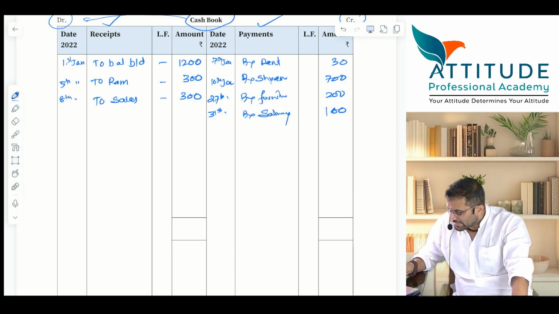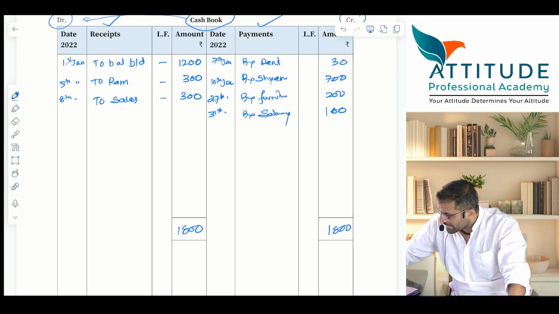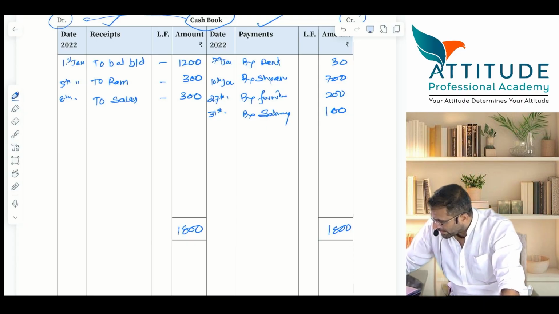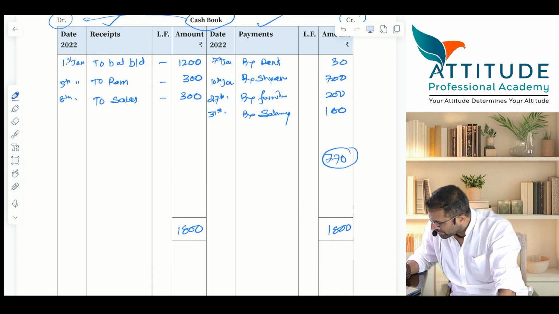Debit side, obviously, receipt should be more. Yes, kitna hai? 1800. Here also 1800. Balancing figure, look: 1800 minus 30 minus 1000. 770. So 770 is your balance. 31st Jan.